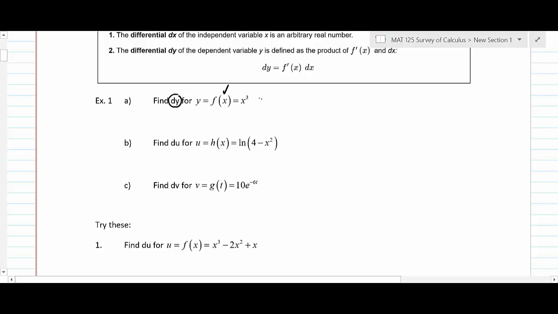So what you're going to do with this one, and this is simple, what is the derivative of x to the third? That ought to be a piece of cake. 3x squared, right? So you're going to say dy equals 3x squared, but you also have to put this differential dx on it like this. If you're doing an integral, once we get into the very last part of this chapter, we start seeing what integrals do.